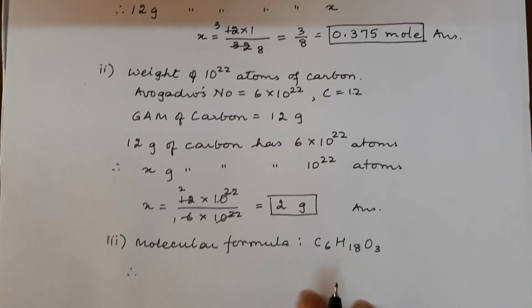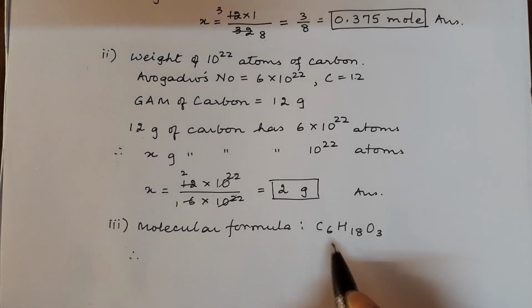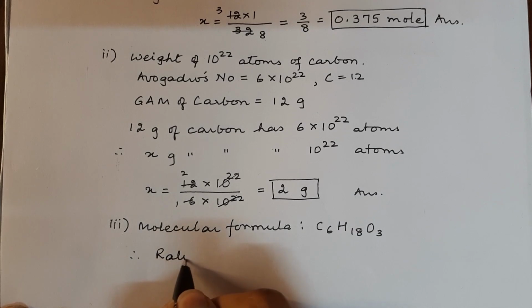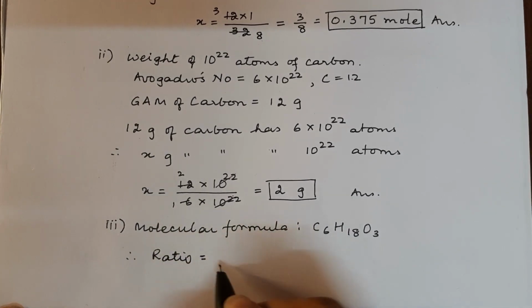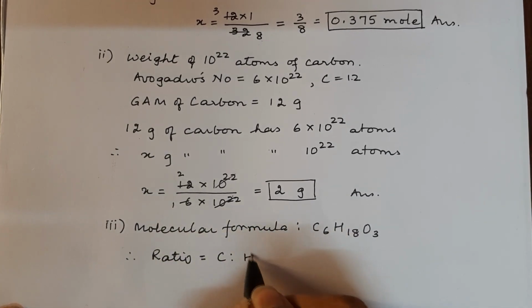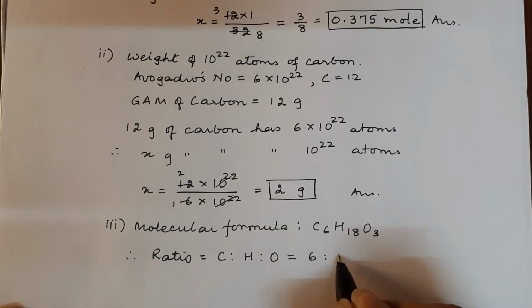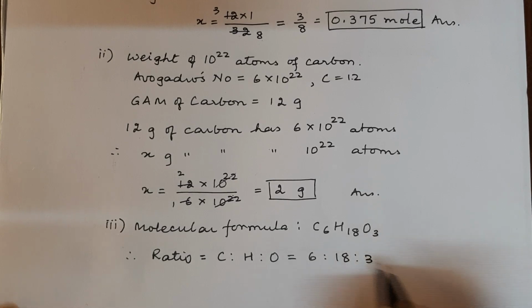The third subpart says the molecular formula of a compound is C6H18O3. And so we will take the ratio. The ratio C is to H is to O is 6 is to 18 is to 3.